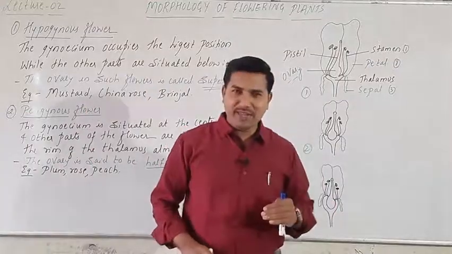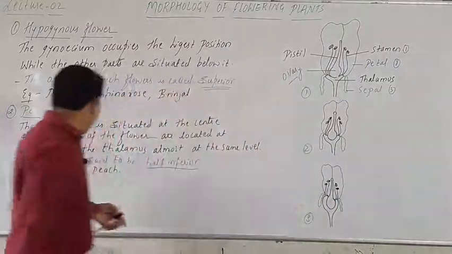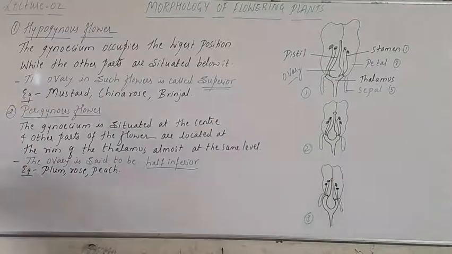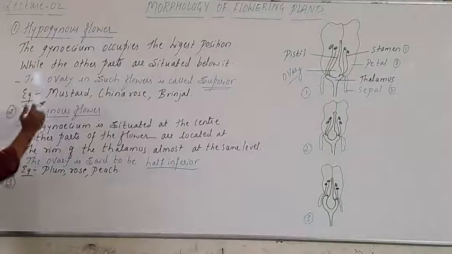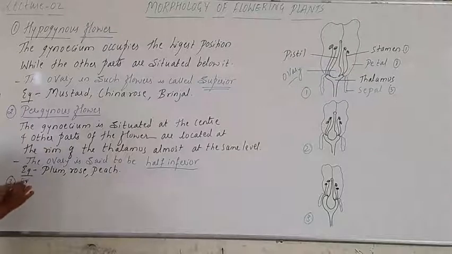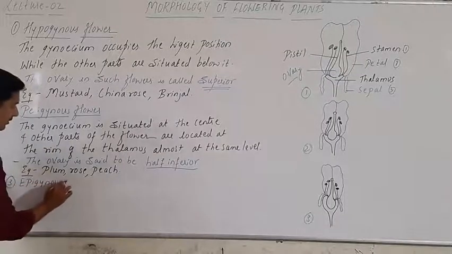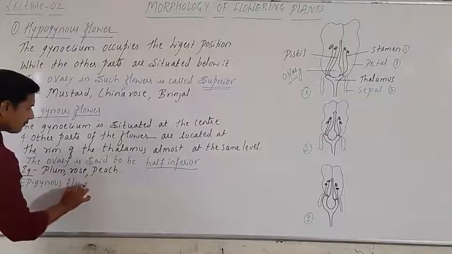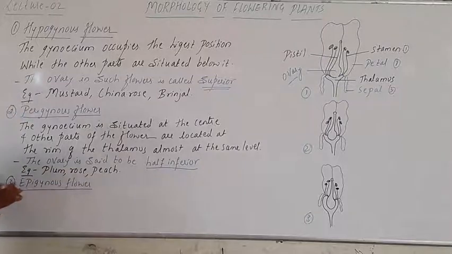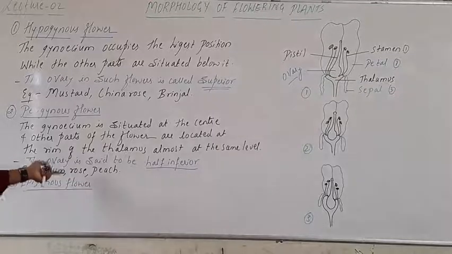Half inferior. Okay. So let's go to the last one now, the third one. So hypogynous, perigynous and epigynous flower. This is epigynous flower.